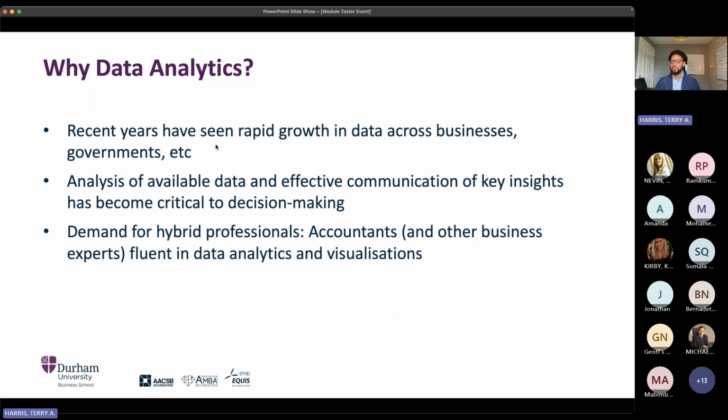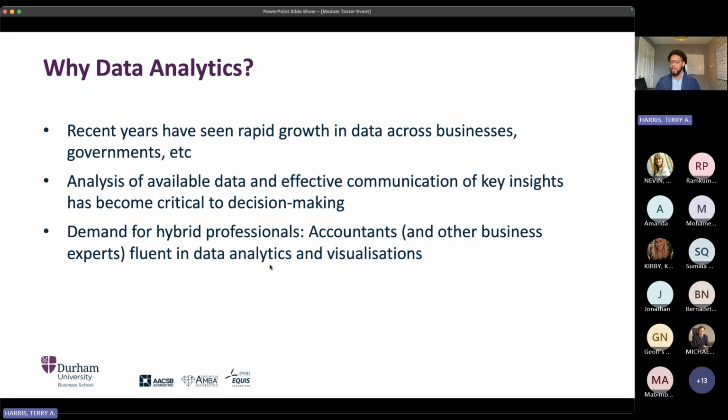Accountants and business professionals in general need to have these skills in data analytics and visualization, because the business world, as you well know, is demanding hybrid professionals that have their peculiar expertise. As accountants, you understand how the financial statements are constructed, so you have that expertise, but you also now need to pair this with some knowledge of how to create various types of analytical models, so descriptive and predictive analytic models.